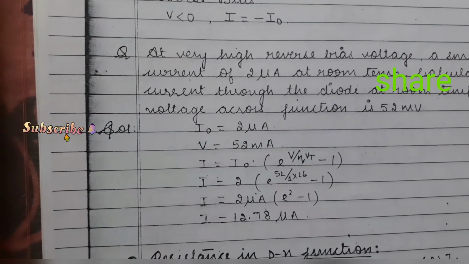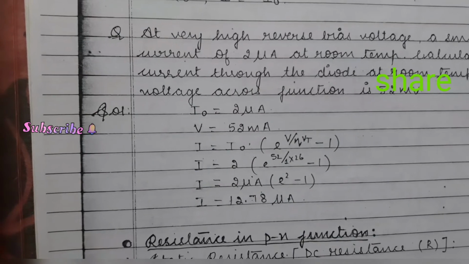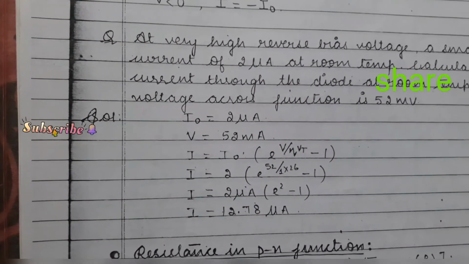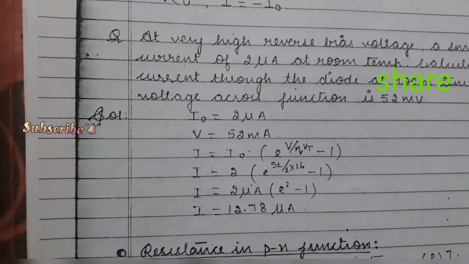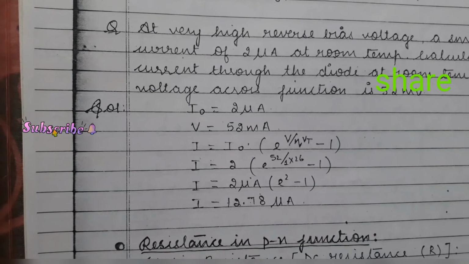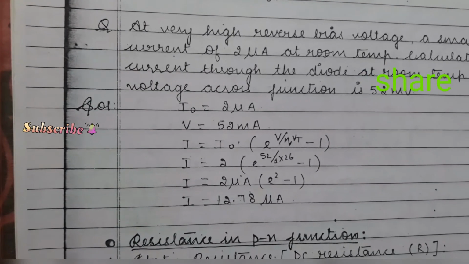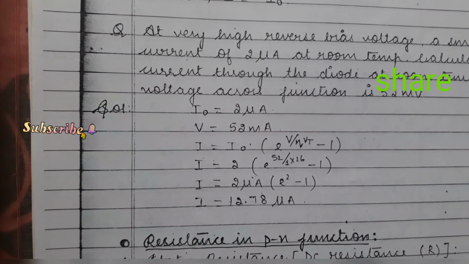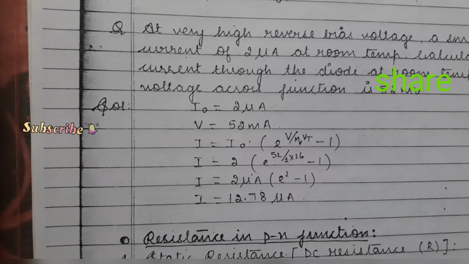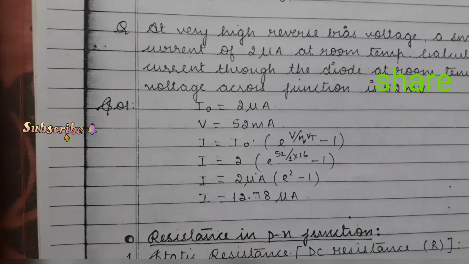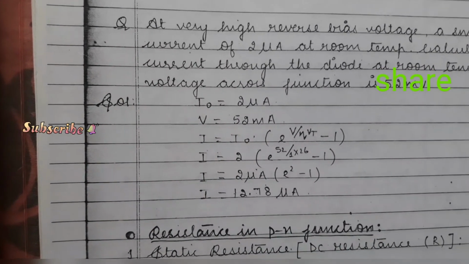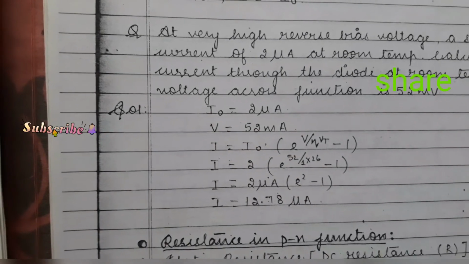I naught equals 2 microampere, V equals 52 millivolt. I equals I naught times (e to the power V by eta Vt, minus 1). I equals 2 microampere times (e to the power 52 by 1 into 26, minus 1), which is 2 microampere times (e squared minus 1), so I equals 12.78 microampere.